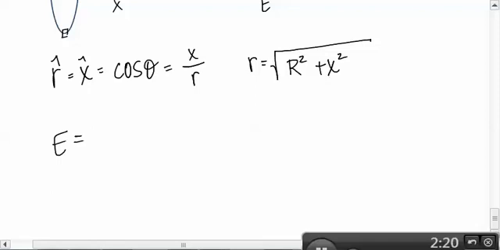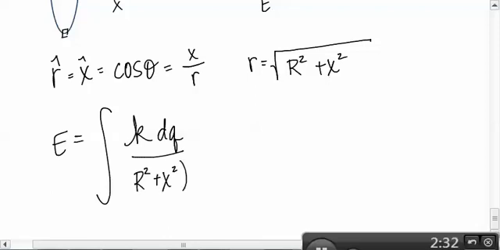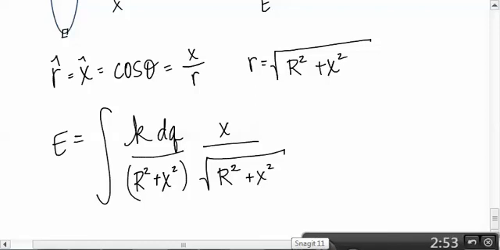So our electric field will be the integral of k dq over R squared plus x squared, all squared, times r hat, which is x over r, but r is the square root of R squared plus x squared. We're actually going to take this integral with respect to q as we go from no charge all the way around to the total charge Q.